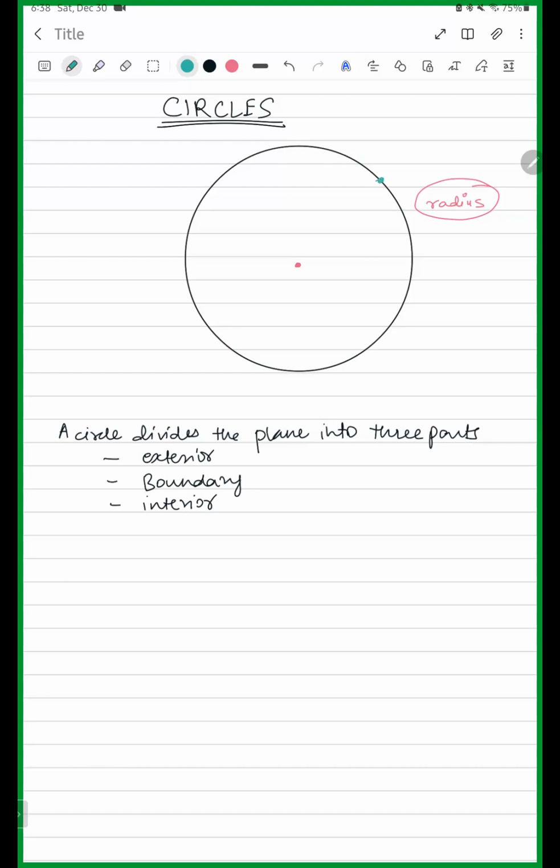A circle is a figure or a shape whose each and every point is equidistant from the center. What does this mean and why is it so special? I mean, why is there an entire chapter based on circles?